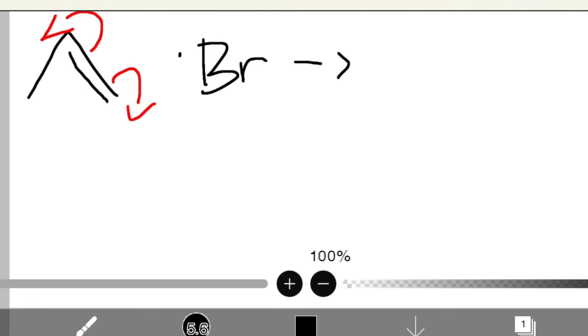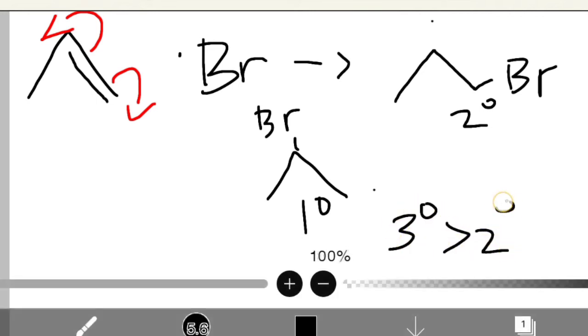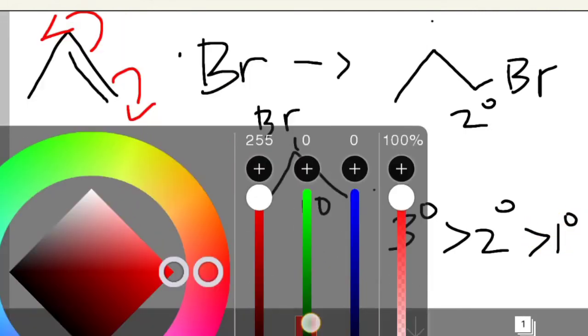When Br is bound at the end, the intermediate is secondary, and when Br is bound in the middle, the intermediate formed is primary. Intermediates also have stability: tertiary is more stable than secondary, and secondary is more stable than primary. So the stable product is secondary.